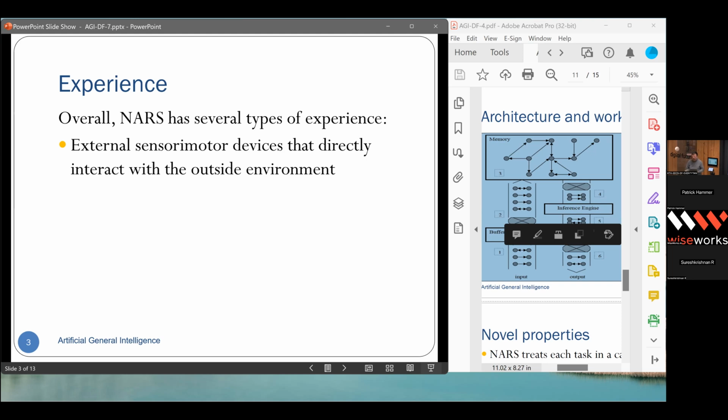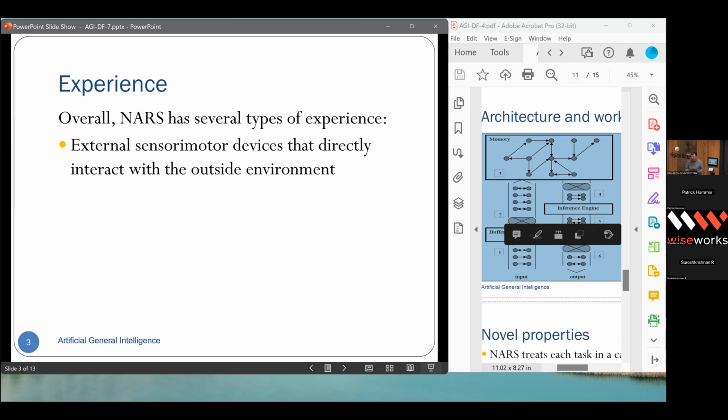And one thing that makes NARS design special, this is something also I mentioned last week, is we do assume there is interaction with the outside world. But in the design, we do not assume any special type of sensor and actuator.